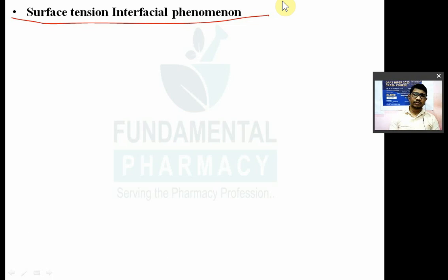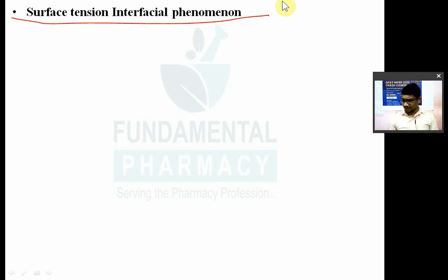Surface occurs between solid and gas, or liquid and gas, but between two immiscible liquids, if you try to mix two immiscible liquids in a beaker, for example oil and water, there exists a boundary between the two different phases. That boundary is known as the interface.